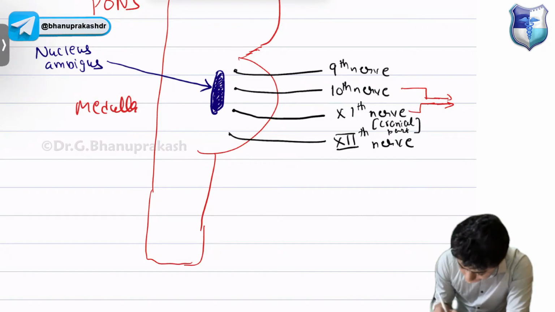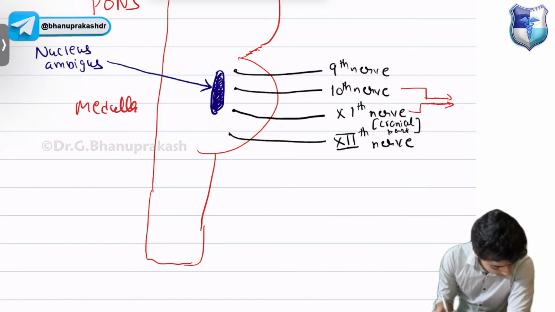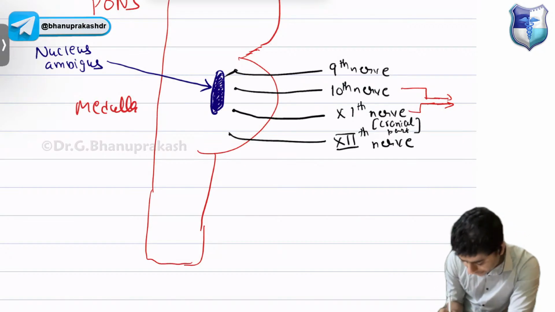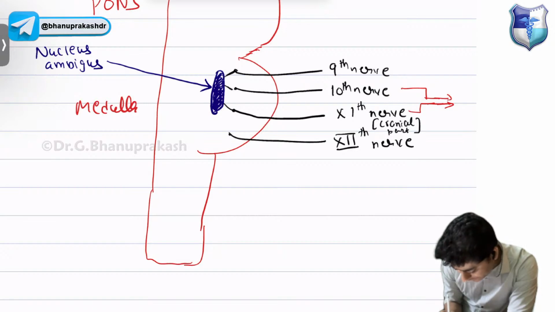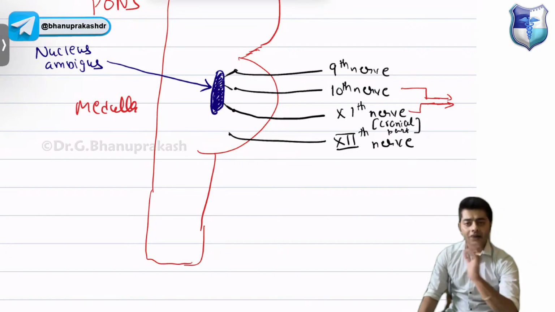It gives supply to your ninth nerve. It gives innervation to the 10th nerve, and it gives innervation to the cranial part of the 11th nerve.